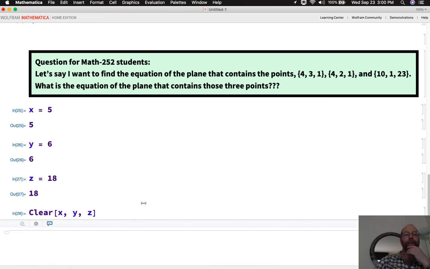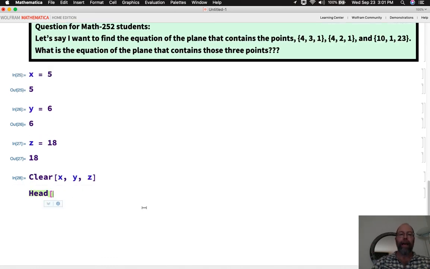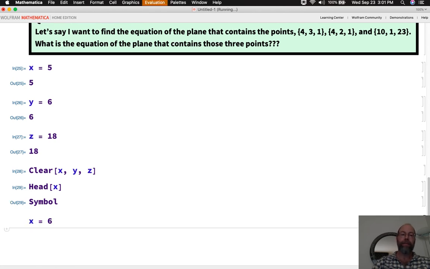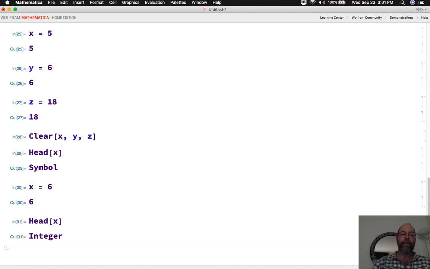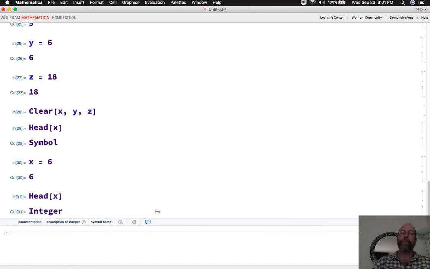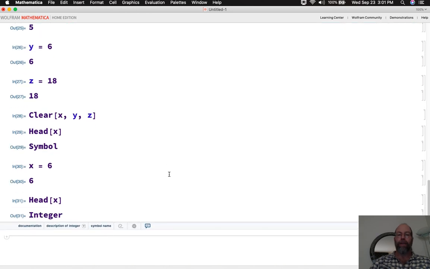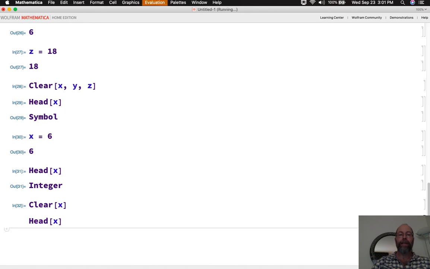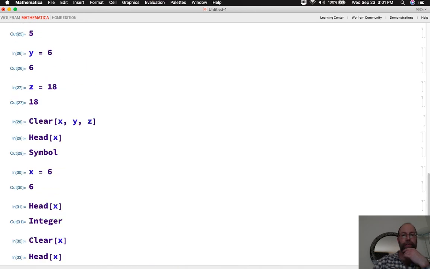X, Y, and Z are symbols, and I don't want those symbols to contain numeric values. What is X? If I do this, X is now an integer, and that's bad. I don't want that in order to figure out this problem. So clear X, and now I can see that X is back to being a symbol.